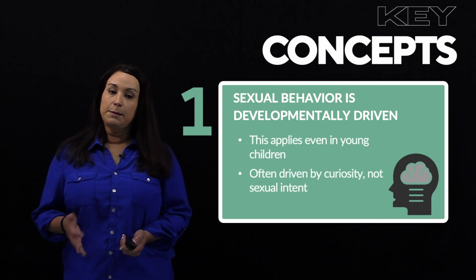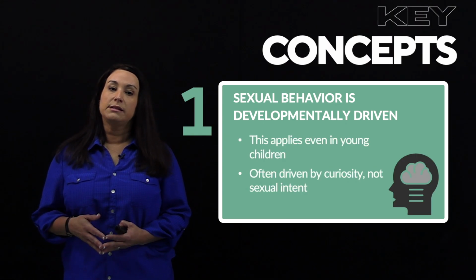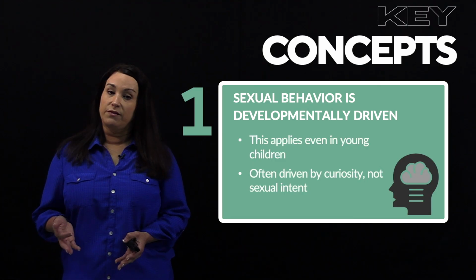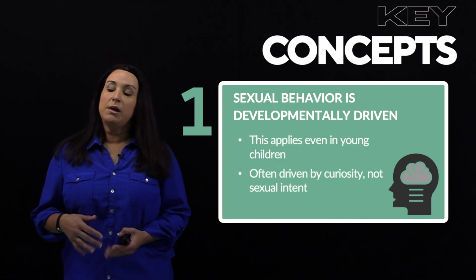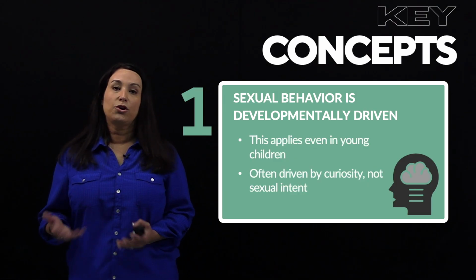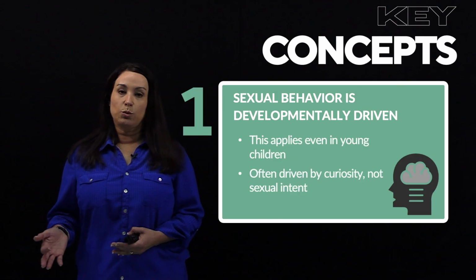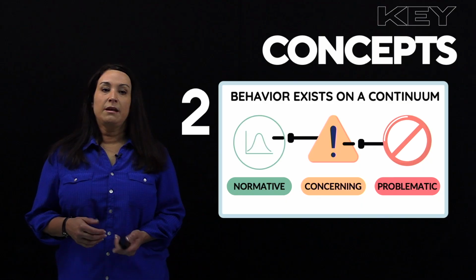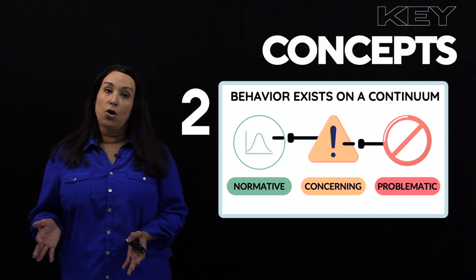Some key concepts that really go across is that sexual behavior is developmentally driven. So this applies even to very young children, that typically their behavior is driven by curiosity versus sexual intent. And that the behavior consists along a continuum.